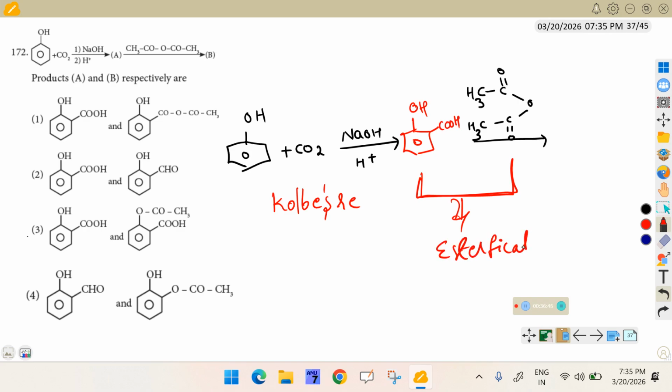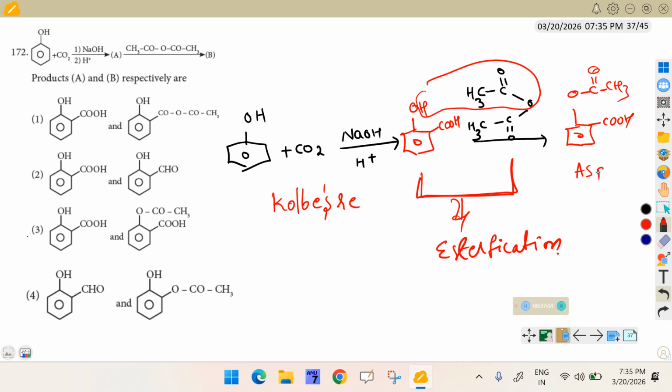It gives aspirin. The alcohol loses H plus ion. O, COCH3, COOH. This is aspirin. Correct option, third option.